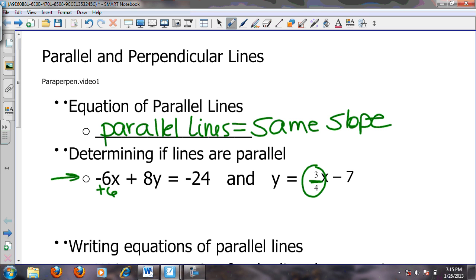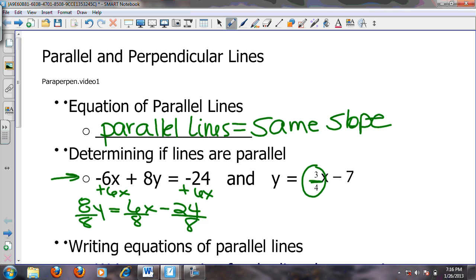Let's add 6x. Now I have 8y equals 6x minus 24. Okay? Now what? Divide by 8. Everything.